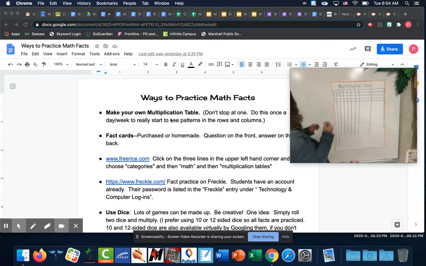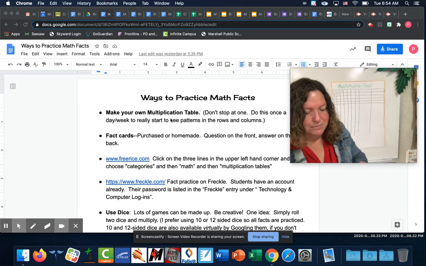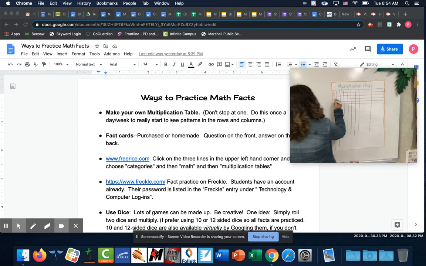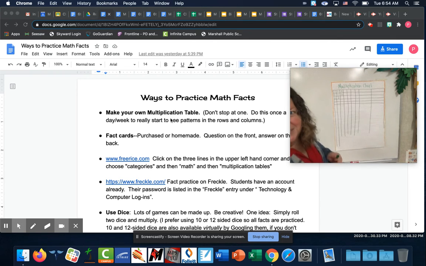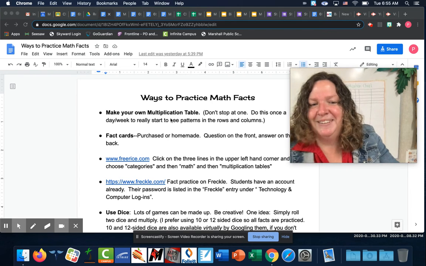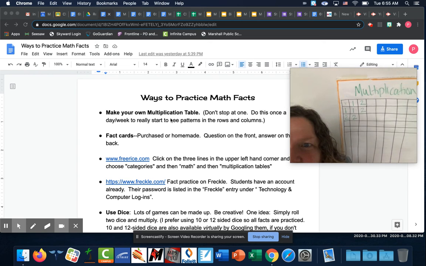Now I could either keep making my rows and columns, or I can pause and start filling it in either way. So 2 times 1 is 2. 1 times 2 is 2. See how I'm filling in this multiplication chart? I'm going to give you a close-up. There you go.